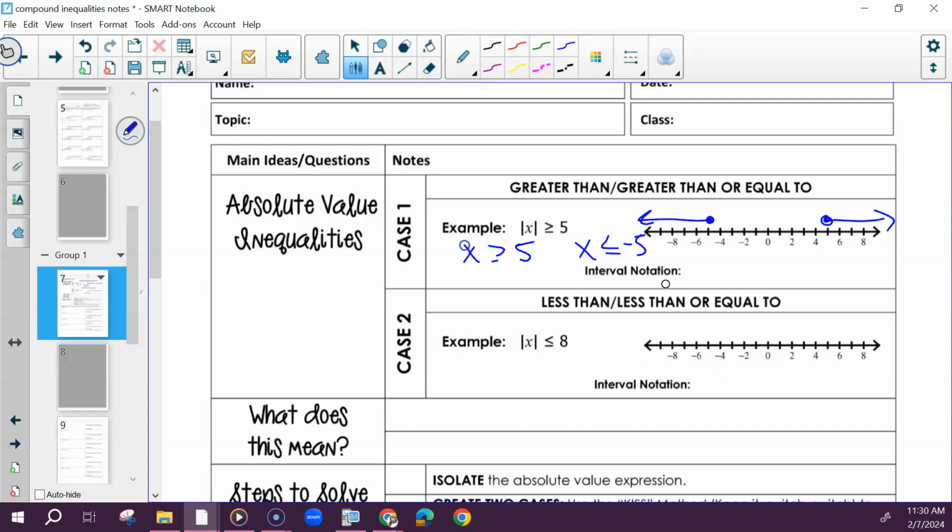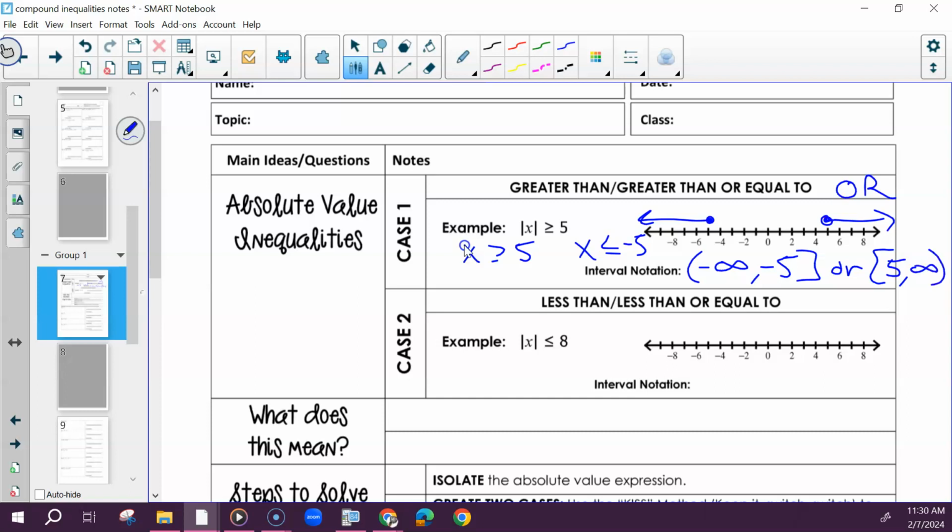So interval notation, where would that start? Negative infinity, parenthesis, negative infinity to what point? -5, bracket. And then because these are going away from each other, this is going to be an or. So write or. And then it starts again at 5, bracket, and then ends at infinity.